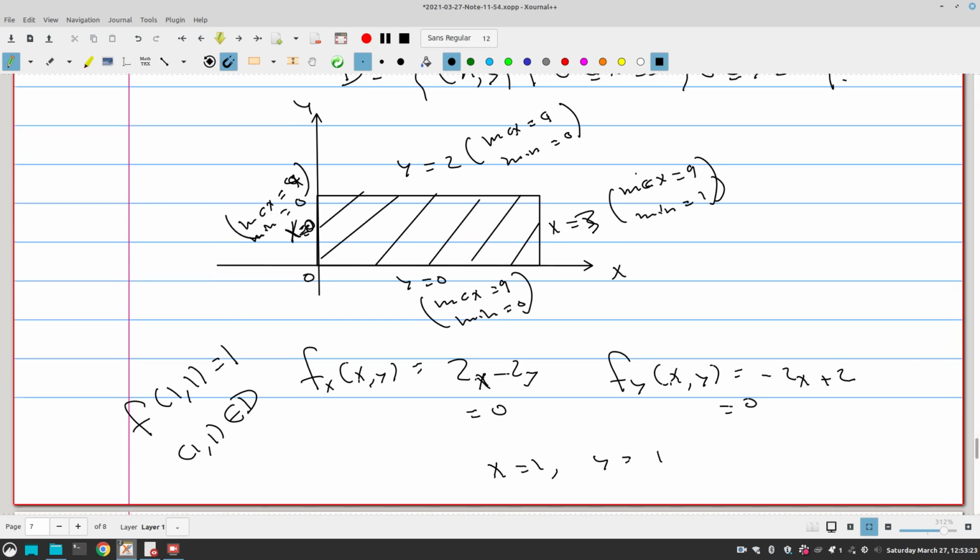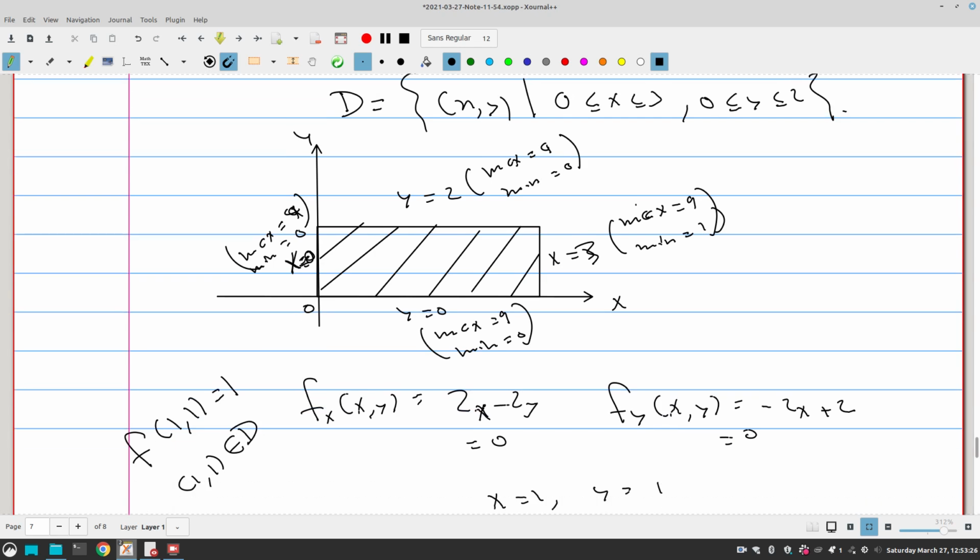Okay, so if you want to find the global maximum of f, the highest of the maxima are on this side and on this side of the boundaries of the domain: 9.